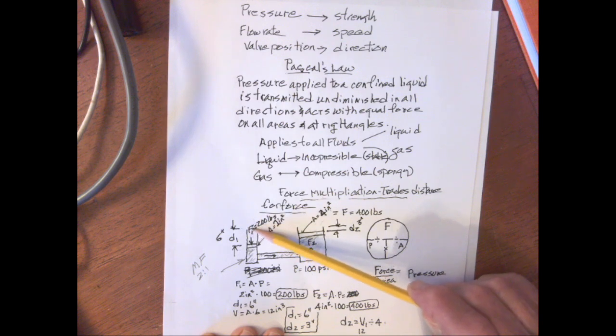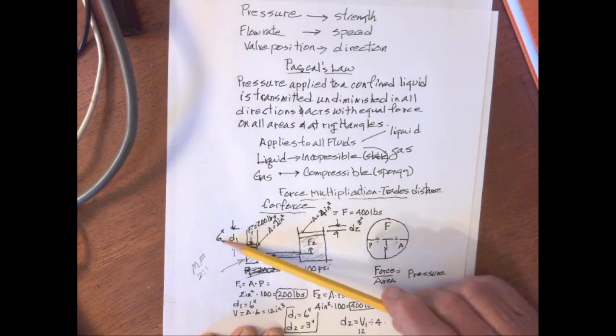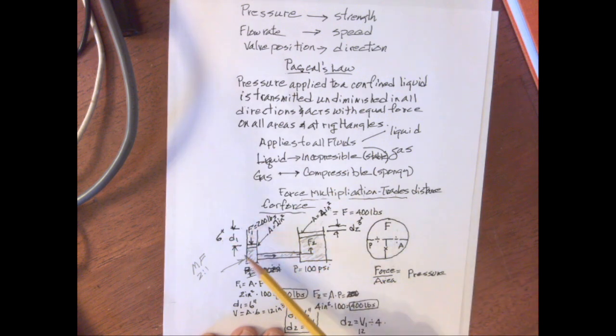I'm moving this down 6 inches. And it's going to push this fluid, which won't change volume, up a little bit. But in this case, you look at this distance, you look at this force multiplier factor, and you can see that it's a 2. So it's twice as much as this.